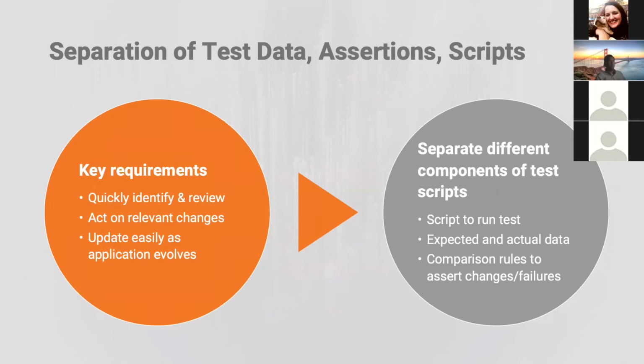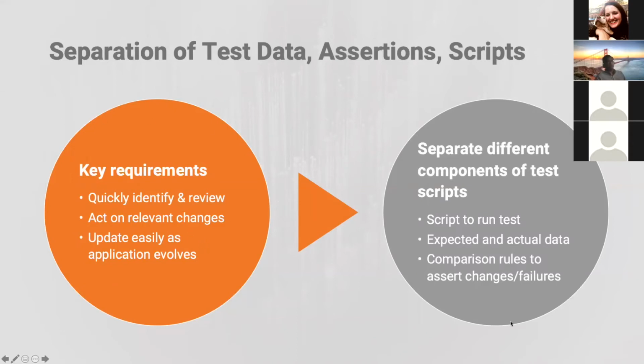Once I review, I need to be able to act on those changes, whether it's filing a bug or accepting the change and so on. And the second is, the application is evolving, so I need to be able to update the expected output quickly. Those are the three main requirements.